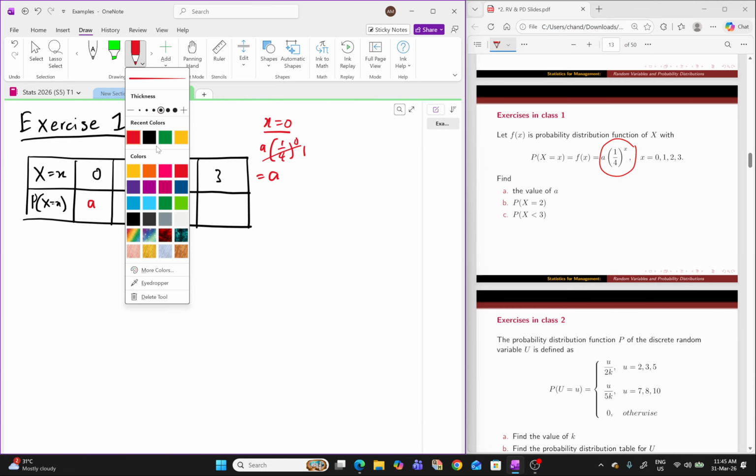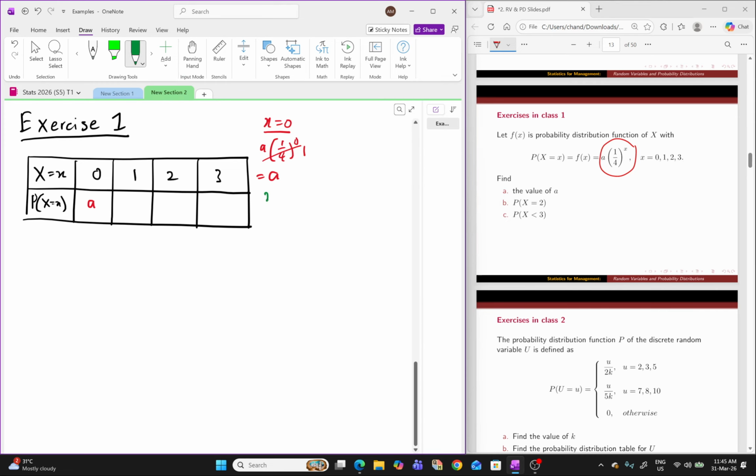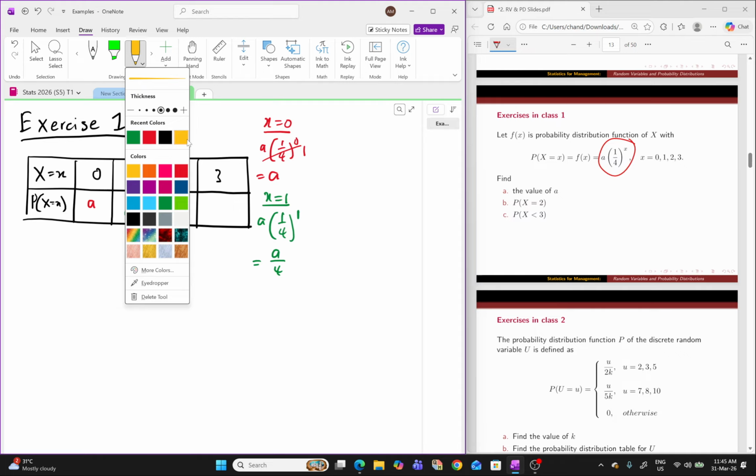If x equal to 1, just now we did 0, now x equal to 1, replace inside here. A times what? 1. This will become A over 4.